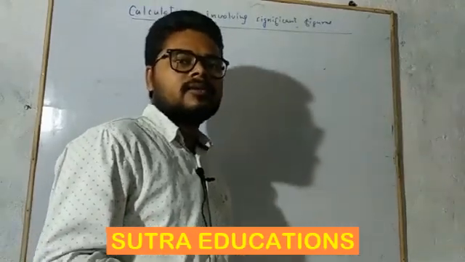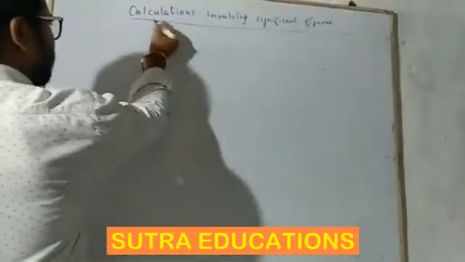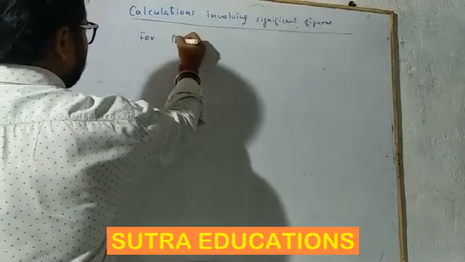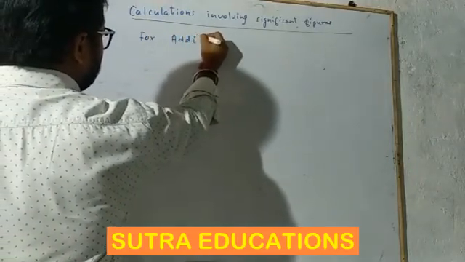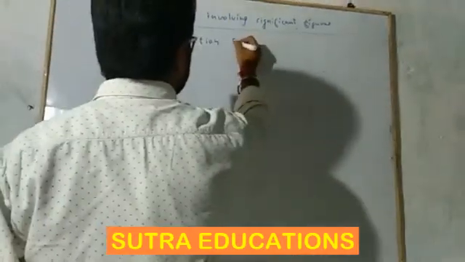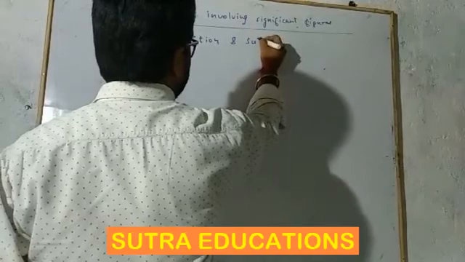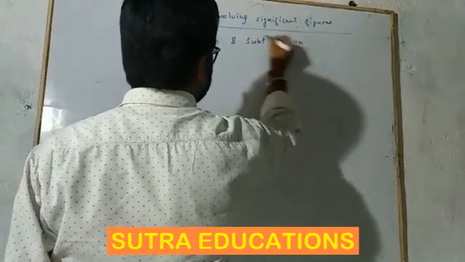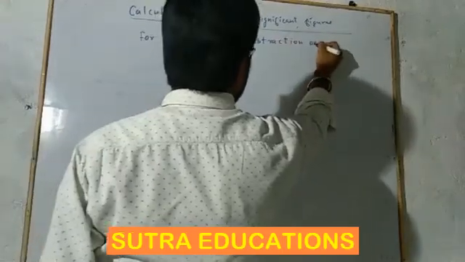So the first rule is for addition and subtraction of significant figures.